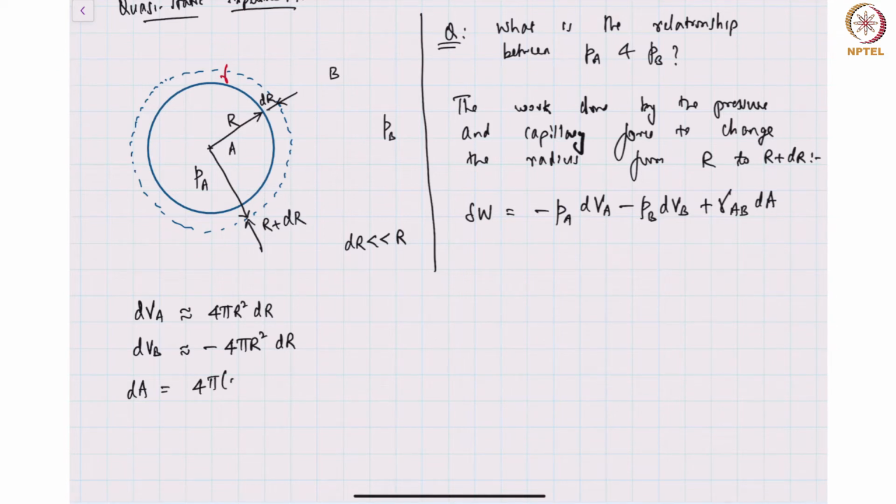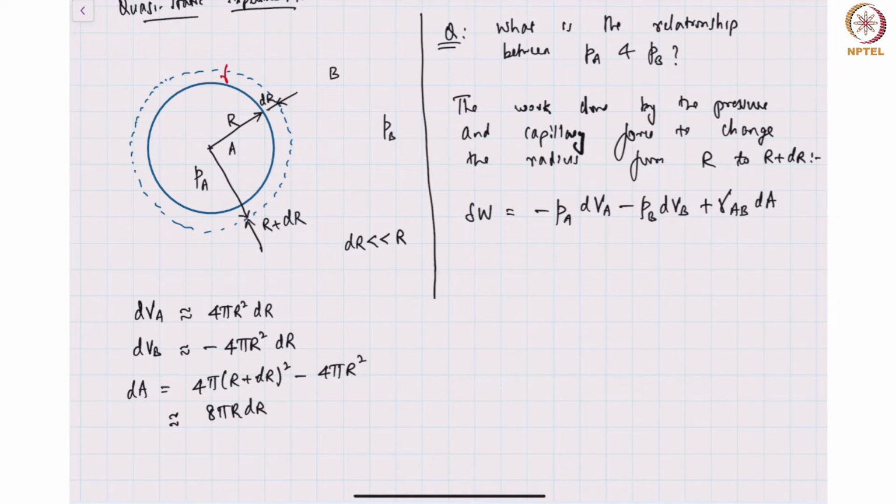Exactly, it would be 4 pi (r plus dr) square, the final area, minus the initial area. If I ignore dr square terms, then I have 8 pi r dr.